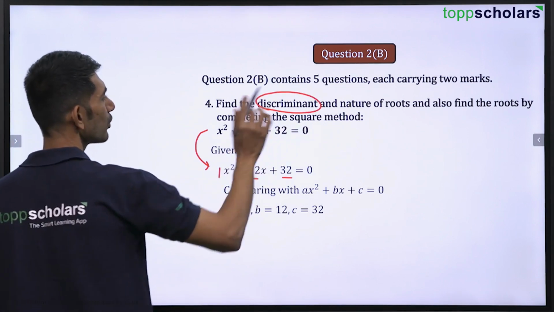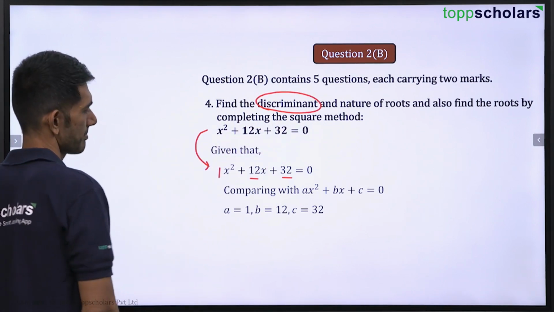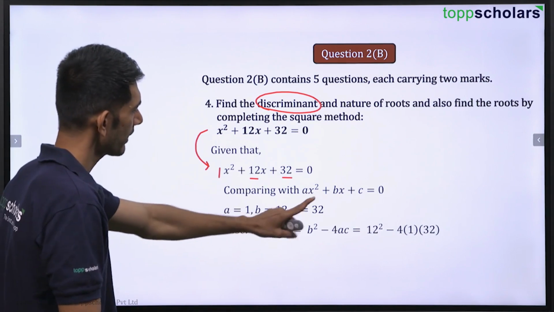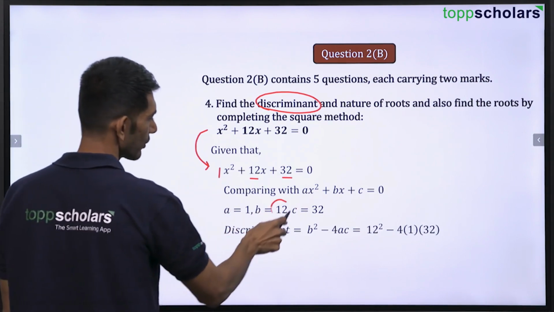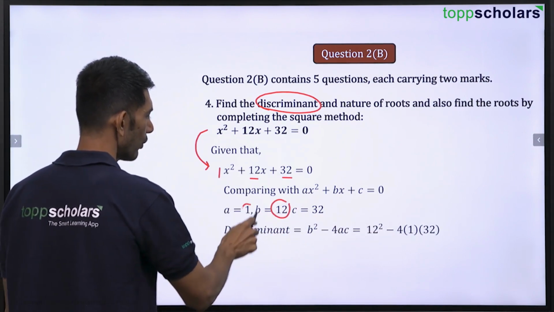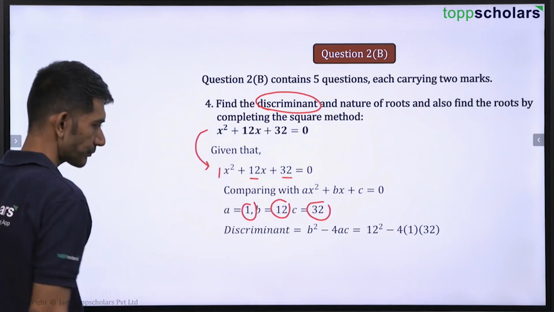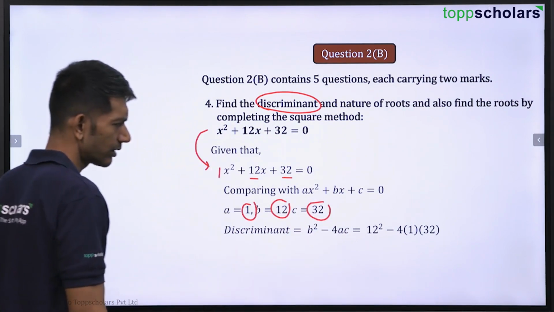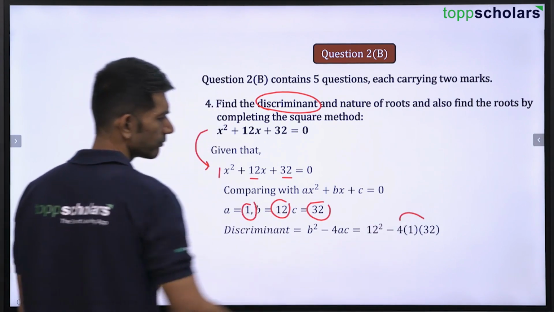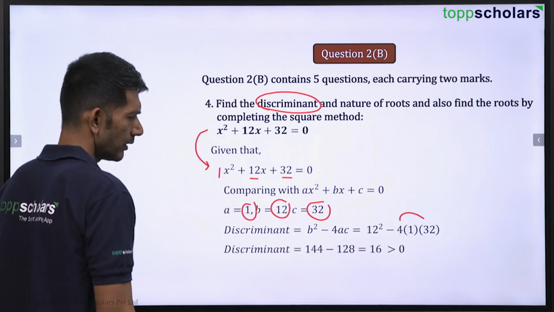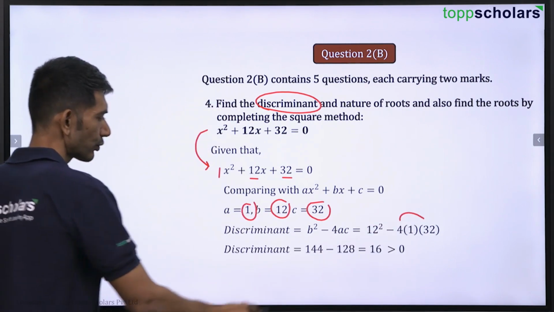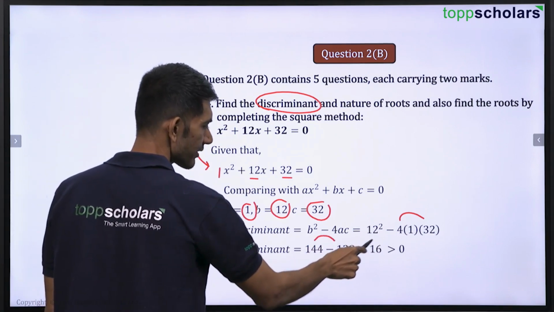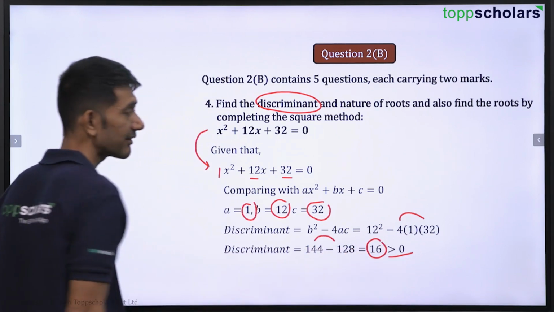Discriminant is b square minus 4ac. 12 square minus 4 into 1 into 32. 12 square 144. 32 into 4 is 128. So 144 minus 128 is 16. 16 is greater than 0.